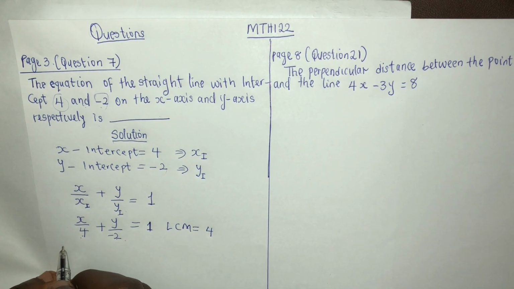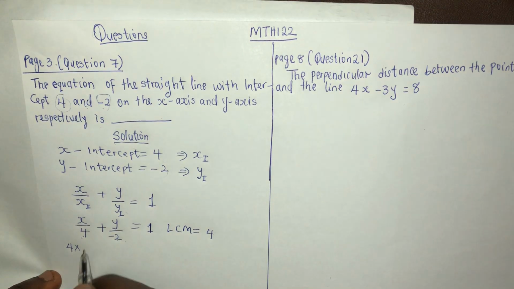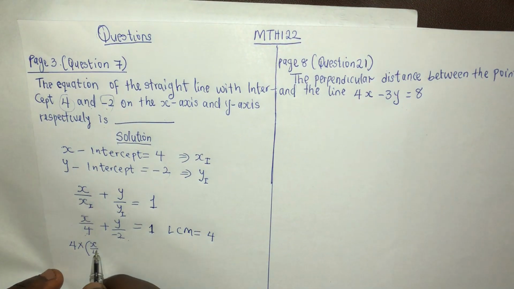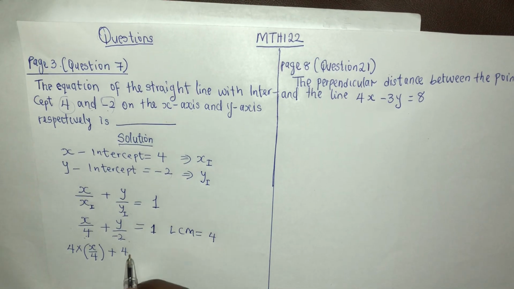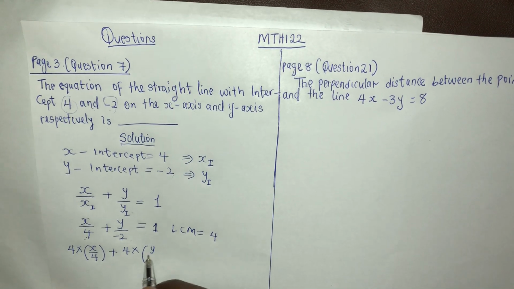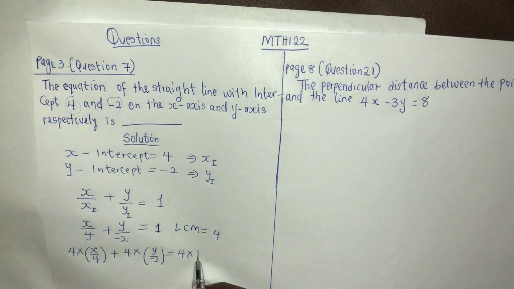So let's do that. Multiply here by 4. So 4 multiplied by x over 4, plus 4 multiplied by y over minus 2, equals 4 multiplied by 1.